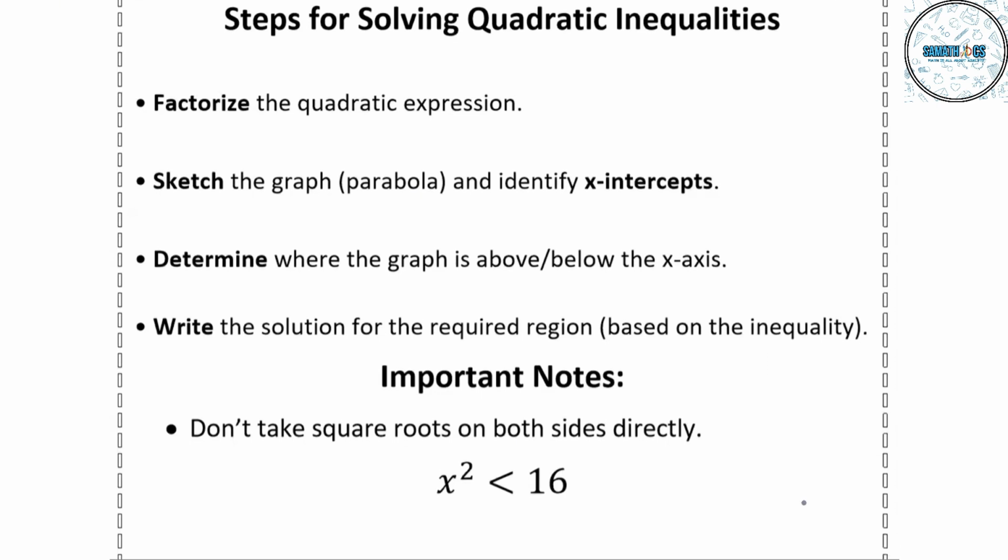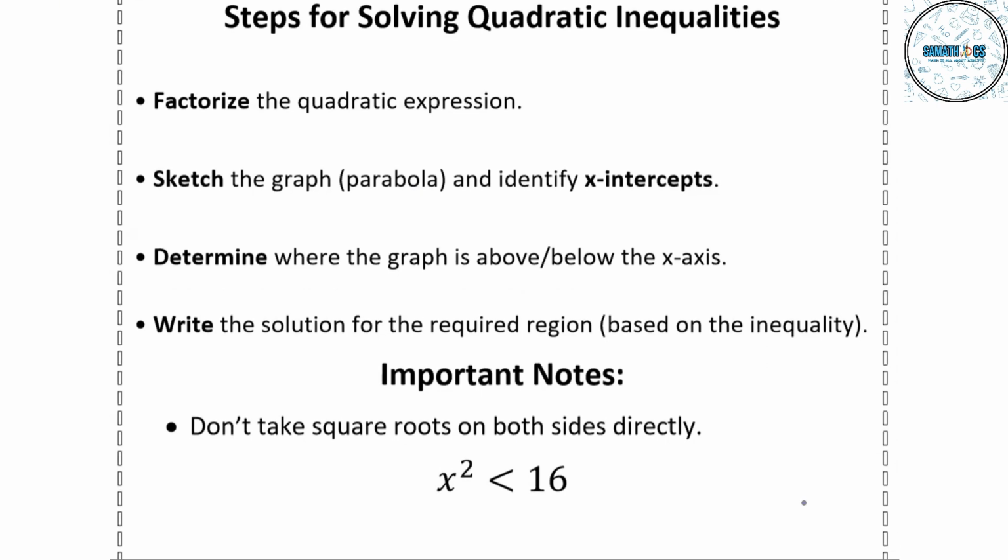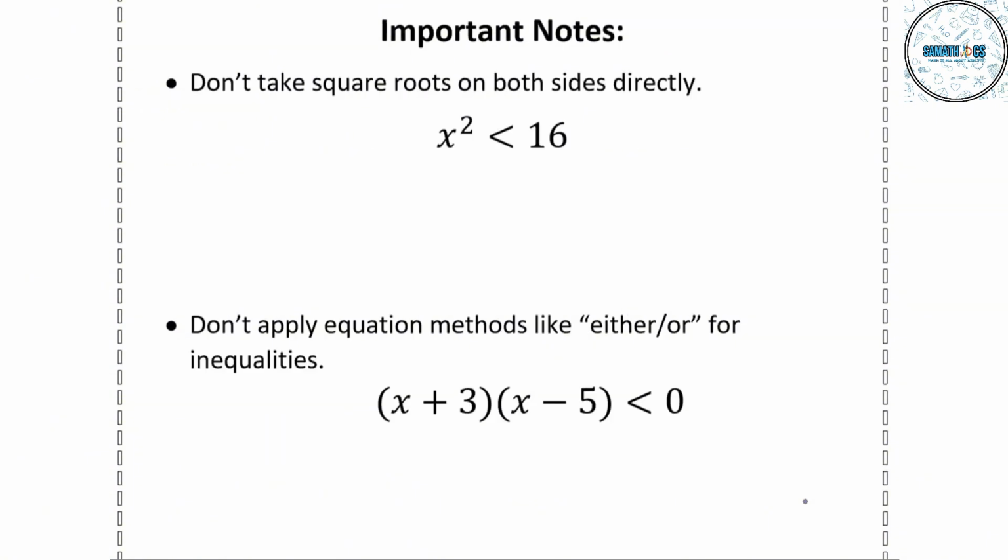We will be solving some examples related to quadratic inequalities. Important notes for solving quadratic inequalities. If a quadratic inequality is given in this form, x squared is less than 16, then we don't take the square root on both sides. This cannot be done in a quadratic inequality.